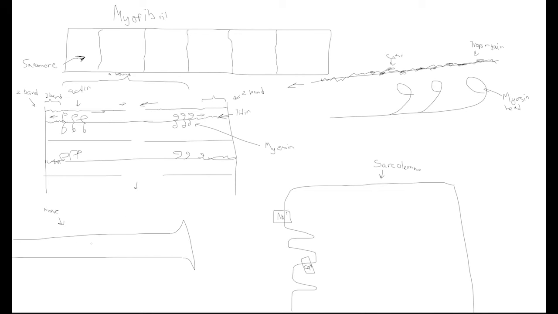So if you remember from the neuron videos, we said that nerves can transmit signals using sodium and potassium gradients.